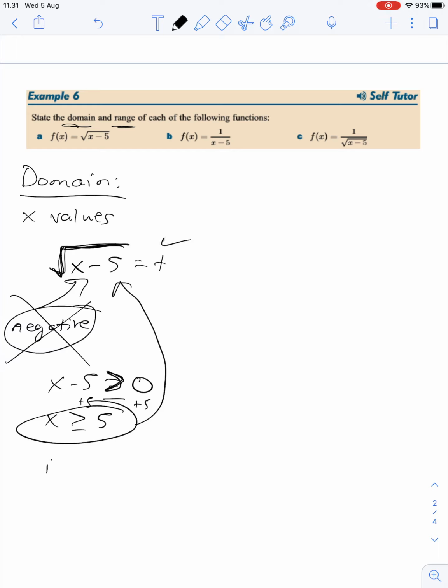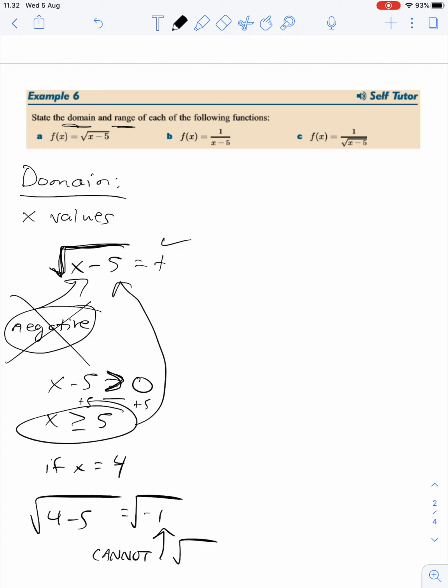But if x was, for instance, 4, well, that would be 4 minus 5, which is negative 1. And right now, we cannot take the square root of a negative number.